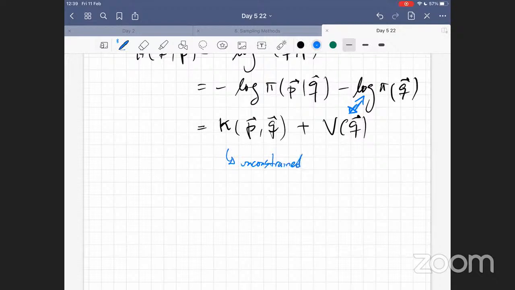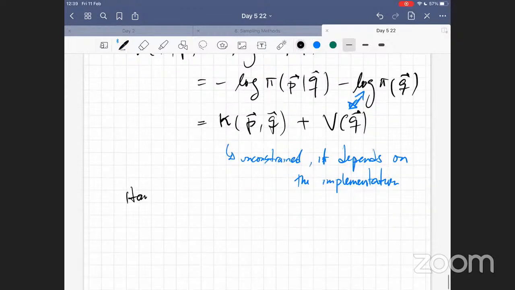And it actually depends on the particular implementation. And now, in order to get the desired vector field, which is aligned with the typical set, then you solve the Hamilton equations.